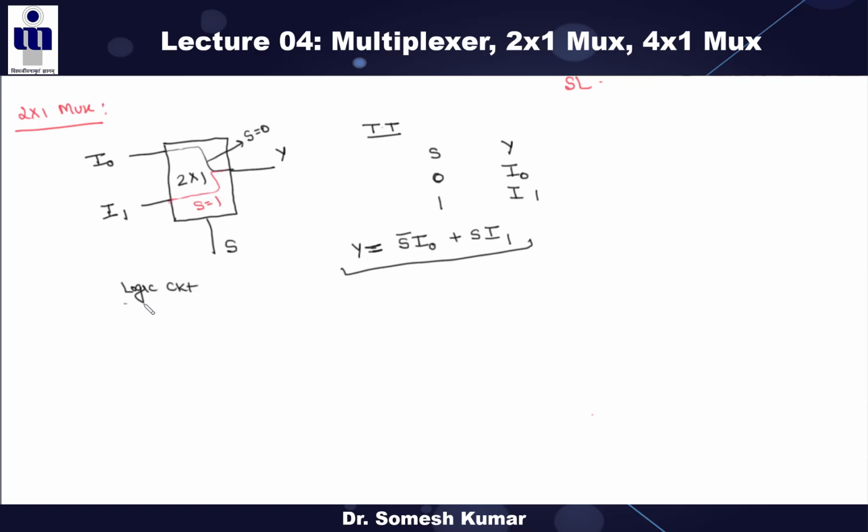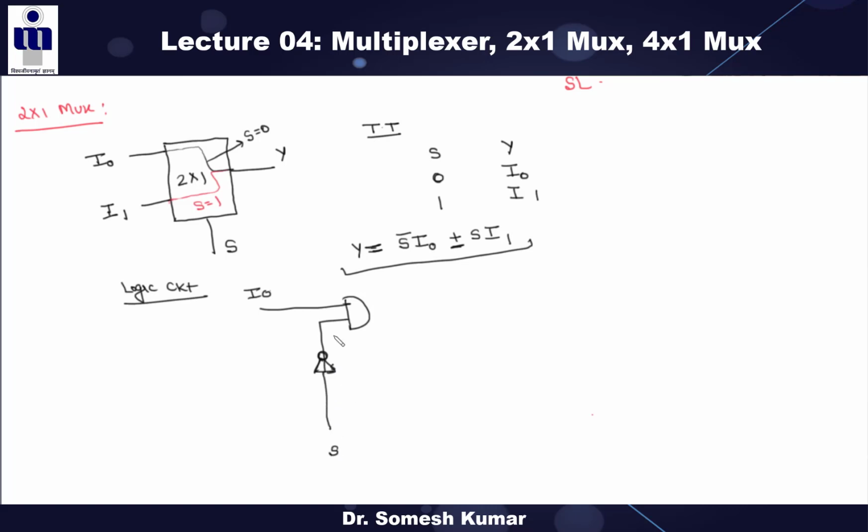What is the logic circuit for 2 is to 1? This is your AND gate and this is your OR gate, right? So this logic circuit is there. What is this? This is your NOT gate, right?